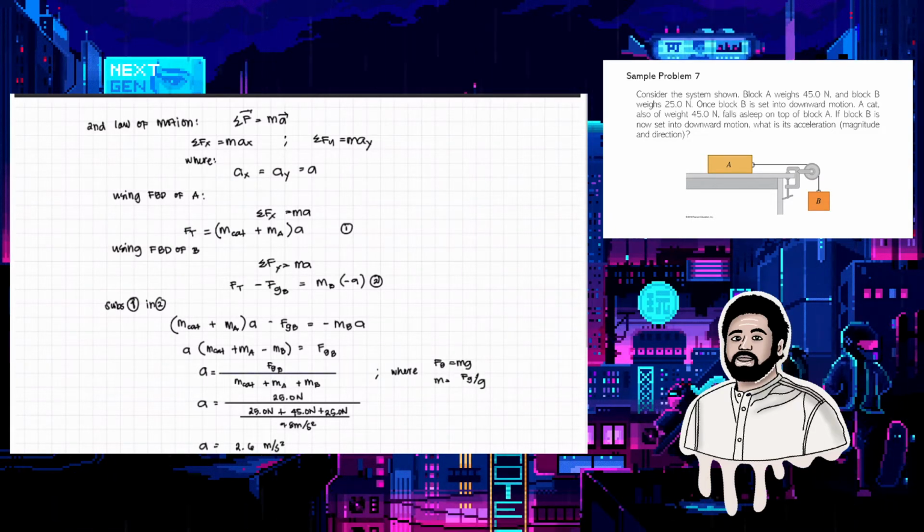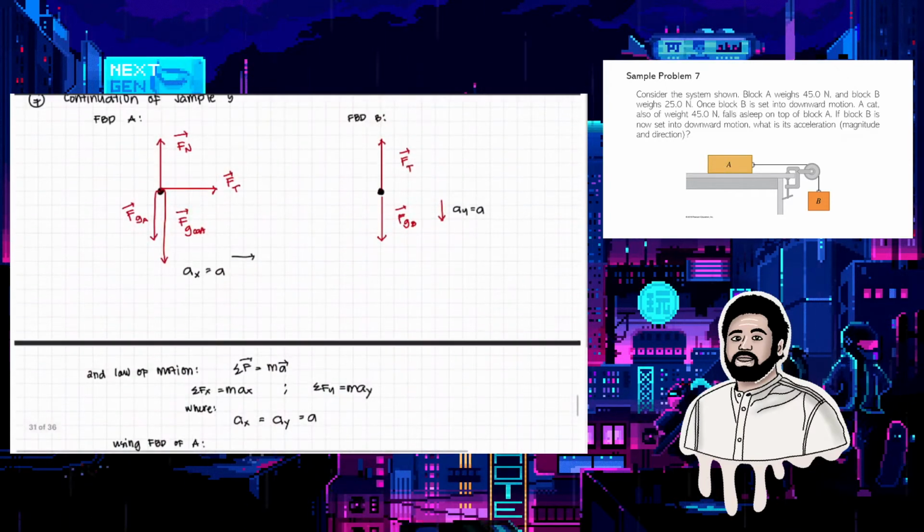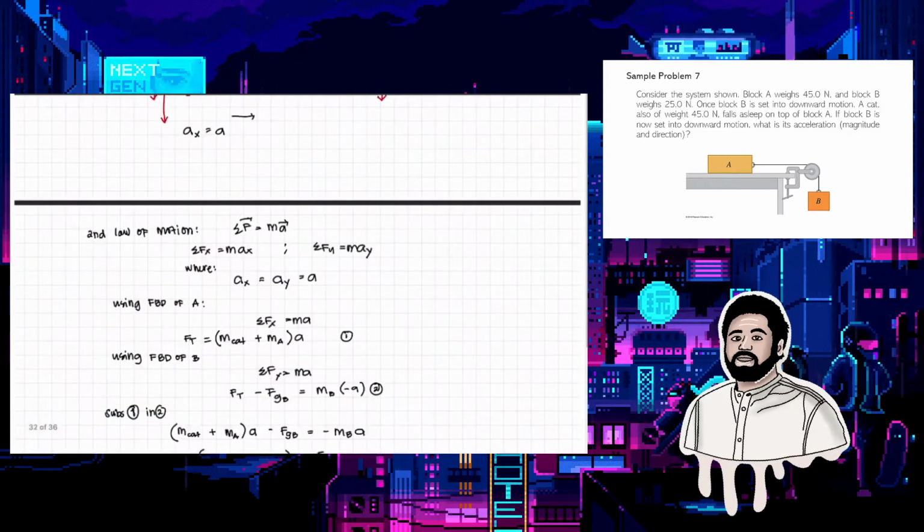Using the free body diagram of A, summation of forces along X is equal to MA. So I only have Ft equal to the total mass that is accelerating, and that is the mass of the cat plus the mass of block A, times acceleration. Let that be equation number 1.